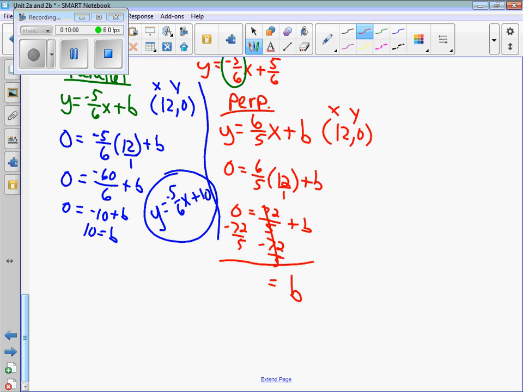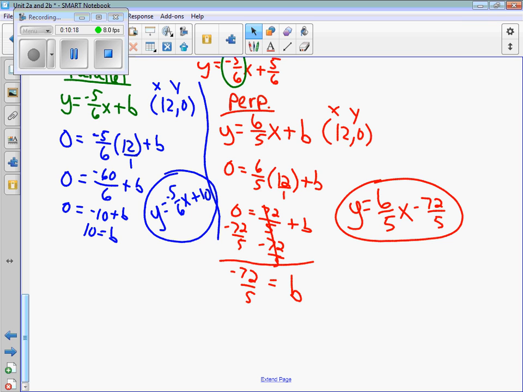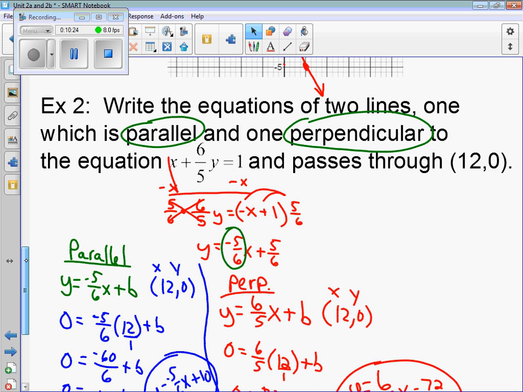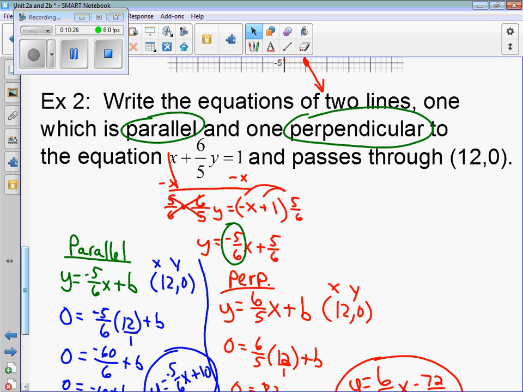Yeah, it's a weird fraction, but it's what it is. That's our answer: y equals 6/5 x minus 72/5. So this is a perpendicular equation that runs perpendicular to the original equation, and it passes through the point (12, 0). Okay, come with any questions you have.